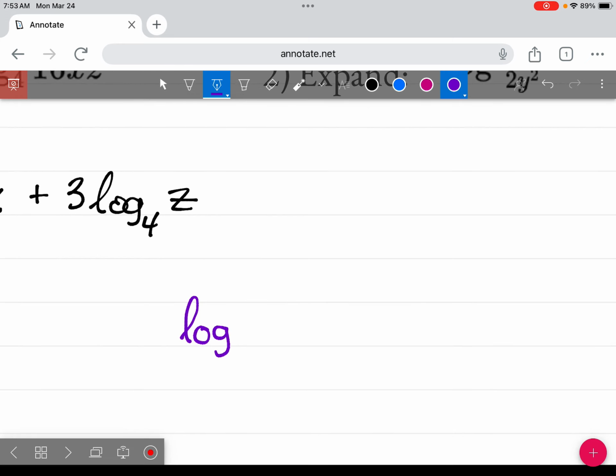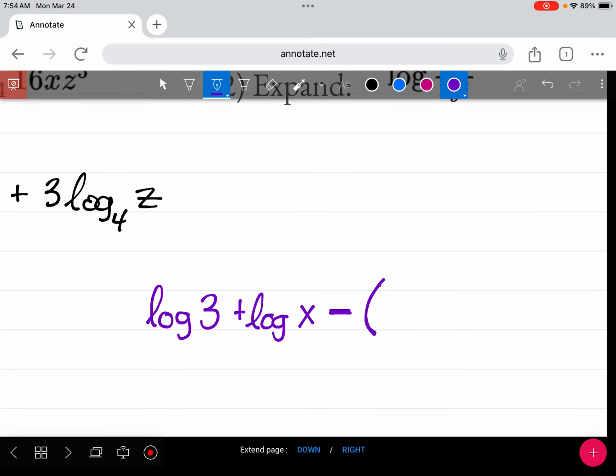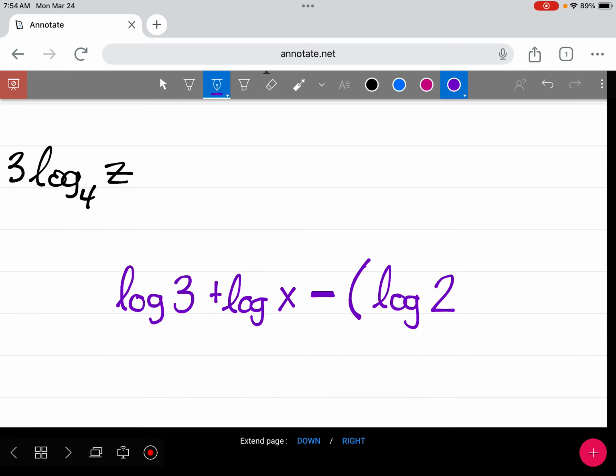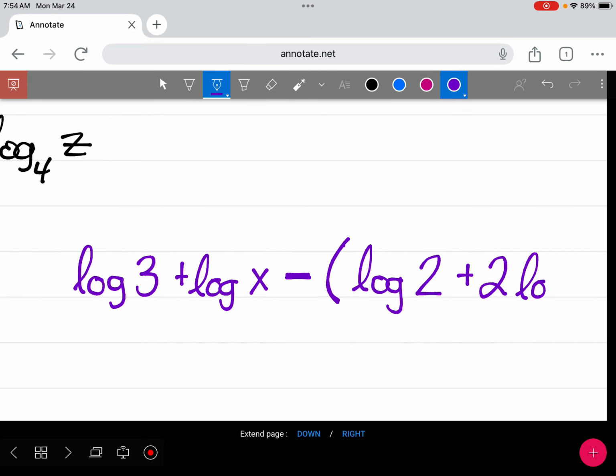So our log of 3 plus our log of x, that's our numerator on our fraction. And then our denominator, so the thing we've subtracted, I'm going to set my denominator in these parentheses. We're going to have our log of 2 and our 2 log of y.